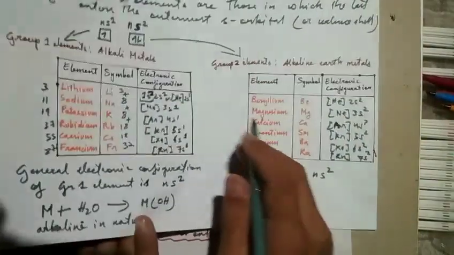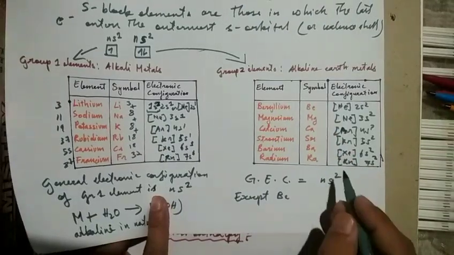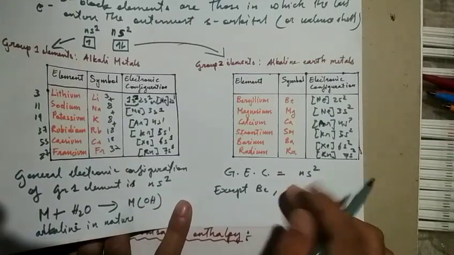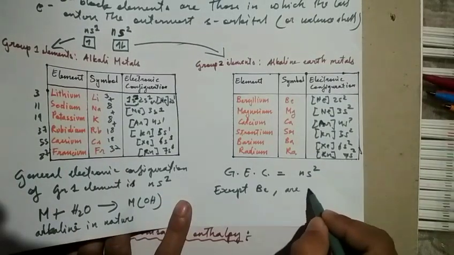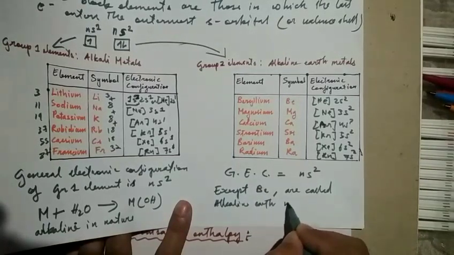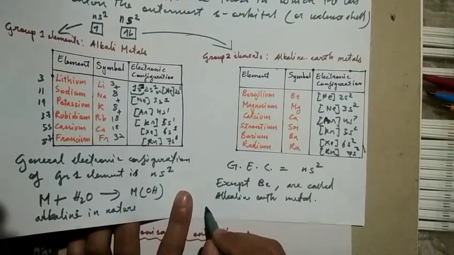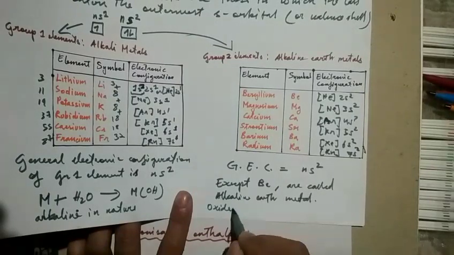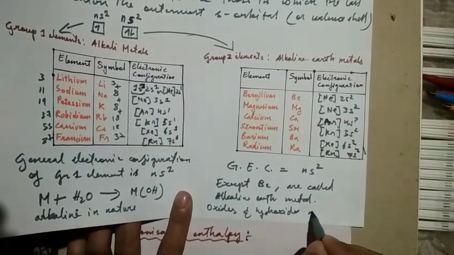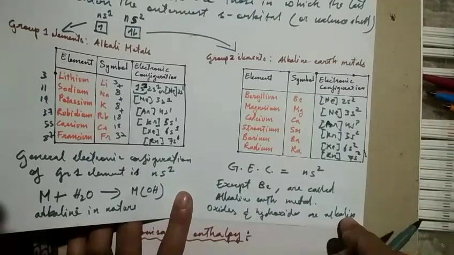Now for group 2, except beryllium, these elements are called alkaline earth metals, because their oxides and hydroxides are alkaline.